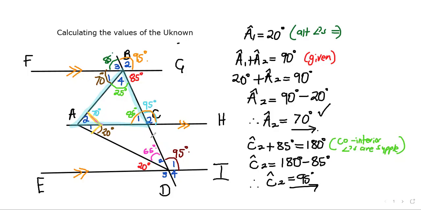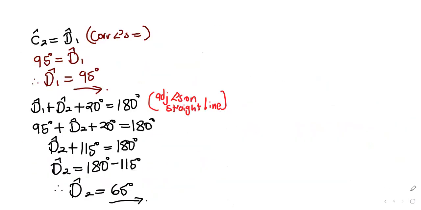And then after that, what basically you can see, we are left with D3 and D4. So we know that these two are vertical opposite angles, which are equal. D3 is equal to D1. Vertical opposite angles are equal.